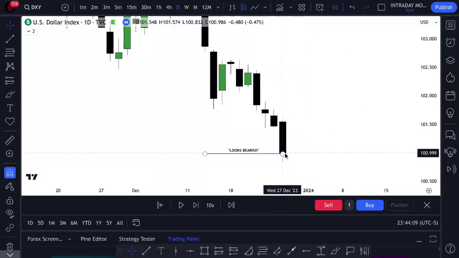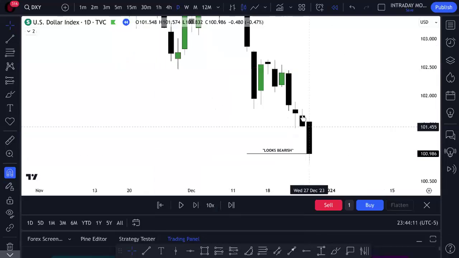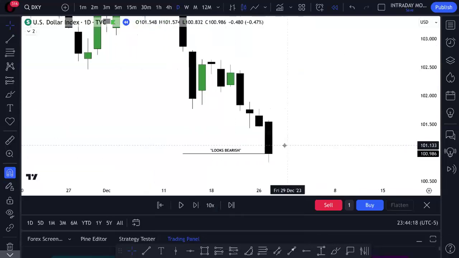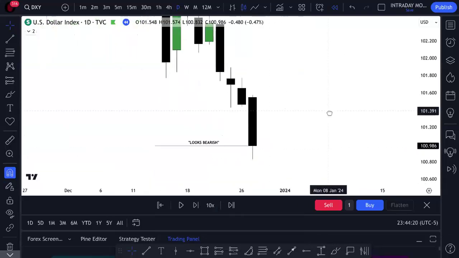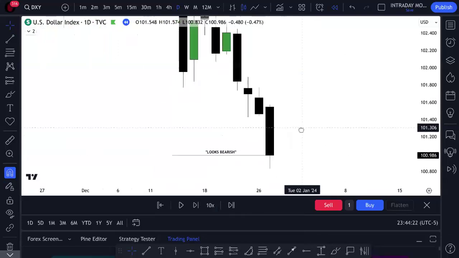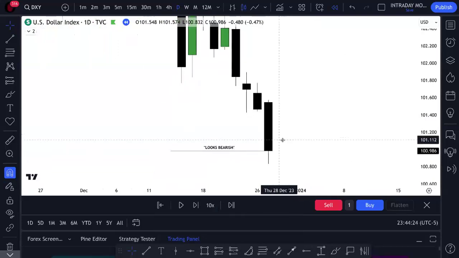Just the close in the nature where it's closing outside the range, outside all these swing lows. Looks bearish. Retail does what? They chase this. Now, Larry Williams says if you ever get the opportunity for a candle to close outside of a range, this could be a potential opportunity for a buy setup.